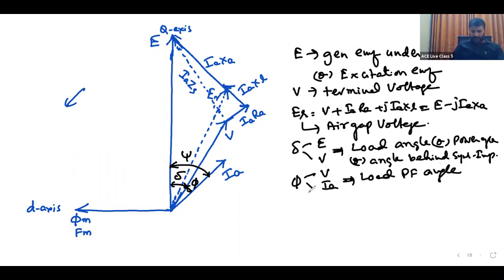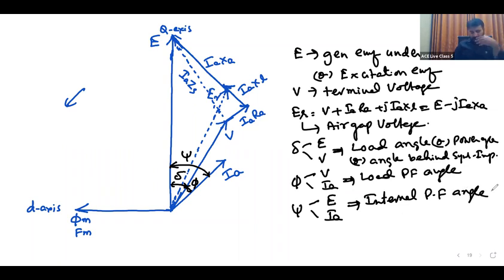And psi is the angle between E and IA. It is the internal power factor angle. Psi is equal to phi plus delta.